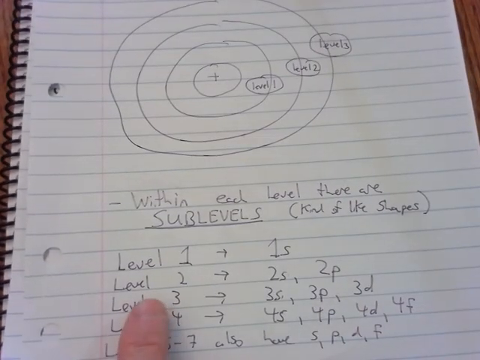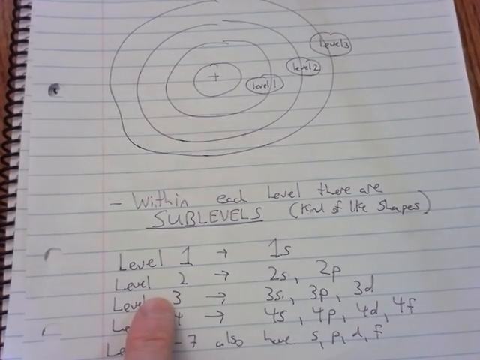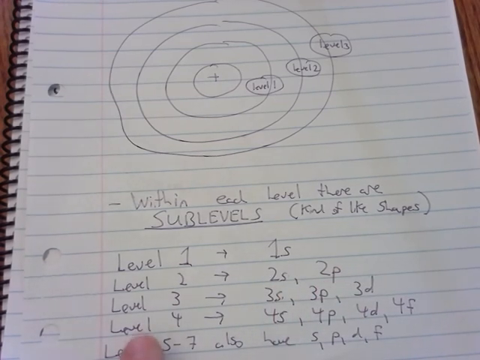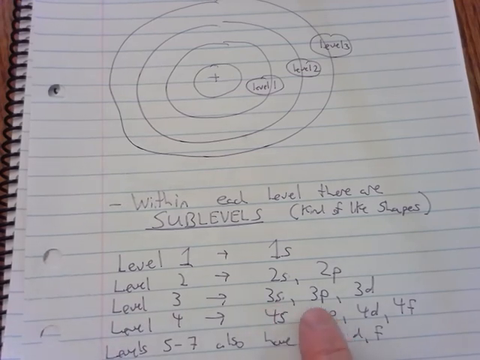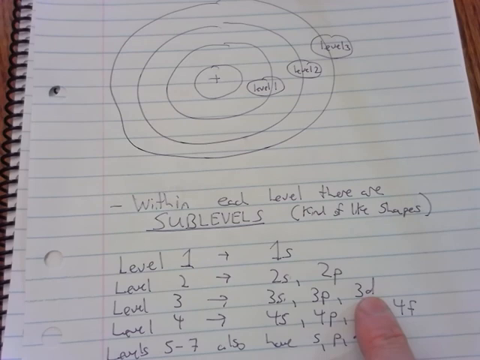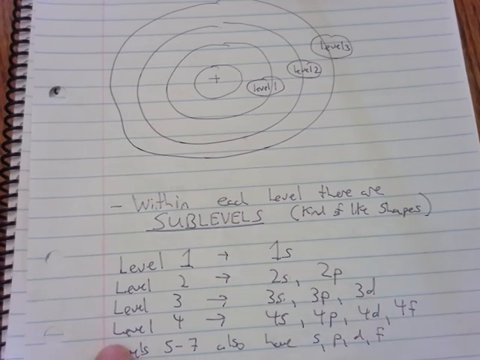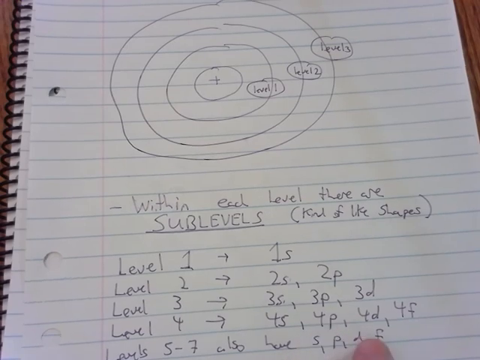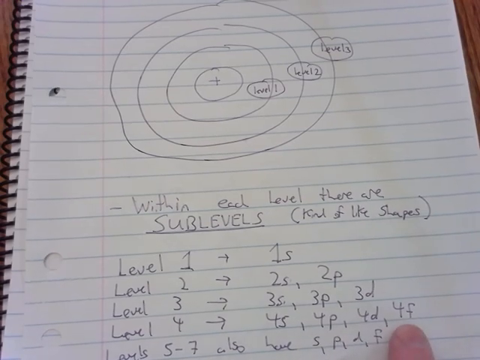Level 2 has 2 sublevels, that is 2s and 2p, and I'll explain this a little further later. Level 3 has 3 sublevels, the 3s, the 3p, and the 3d. Level 4 has 4 sublevels, 4s, 4p, 4d, and finally 4f.